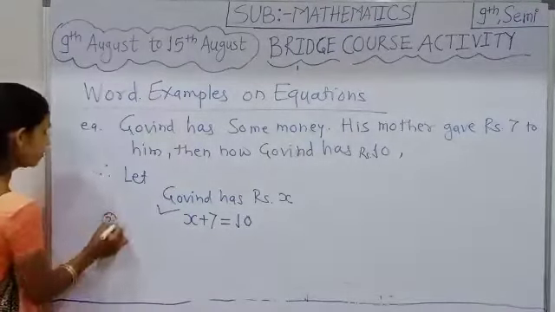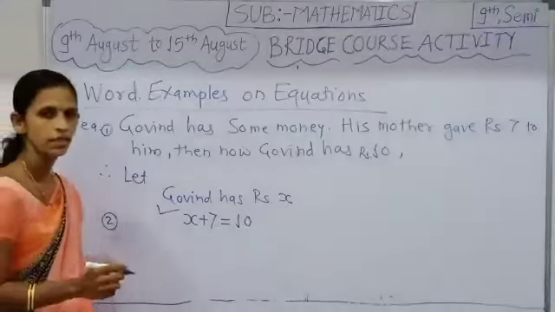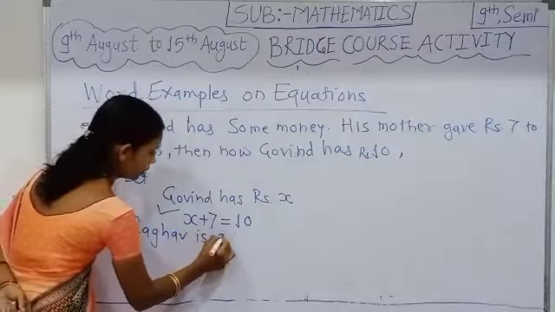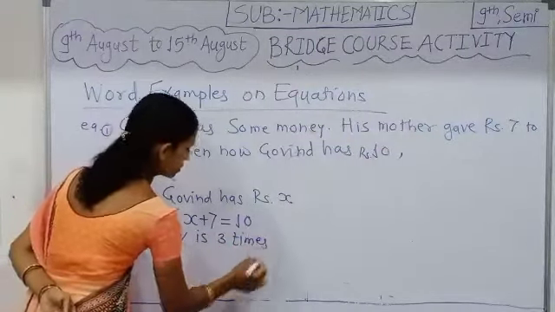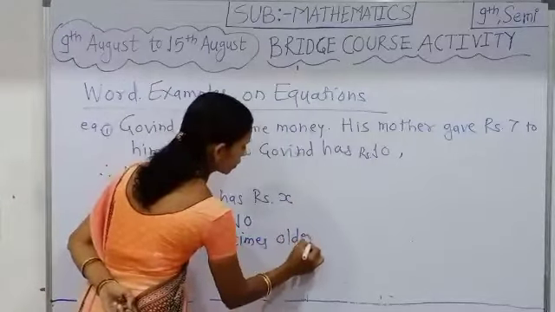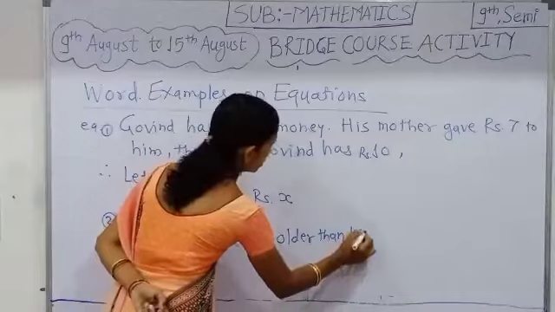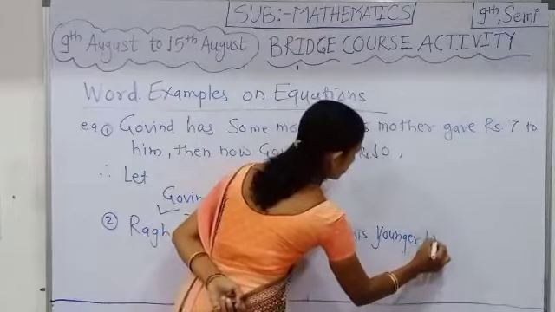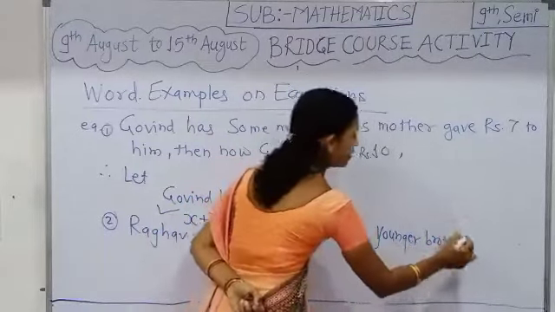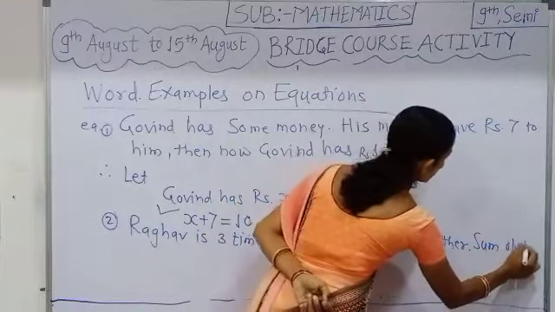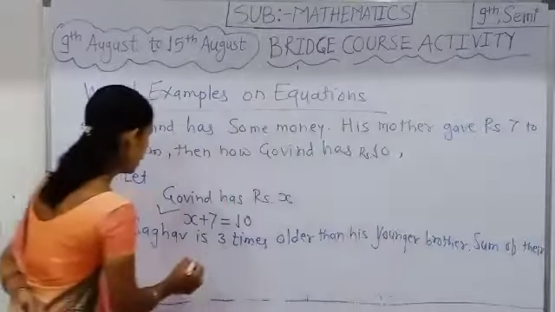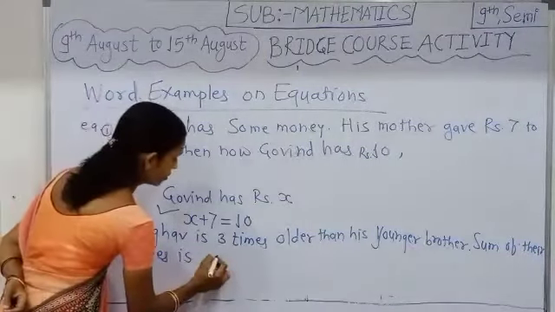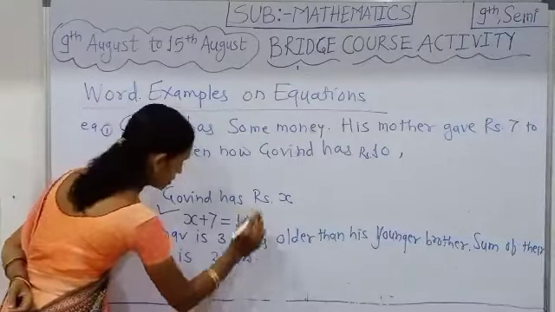Then one more word example, that is Raghav is 3 times older than his younger brother, and the sum of their ages is 20 years.